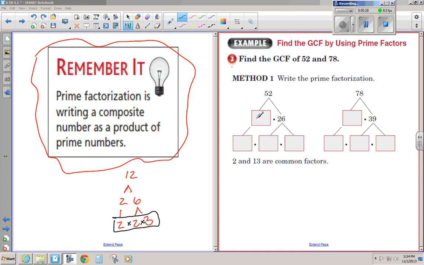Well, that's 2 times 26. 26 is 2 times 13. 78 is 2 times 39, and that's a 2, and 39 is 3 times 13. So 2 and 13 are common factors.